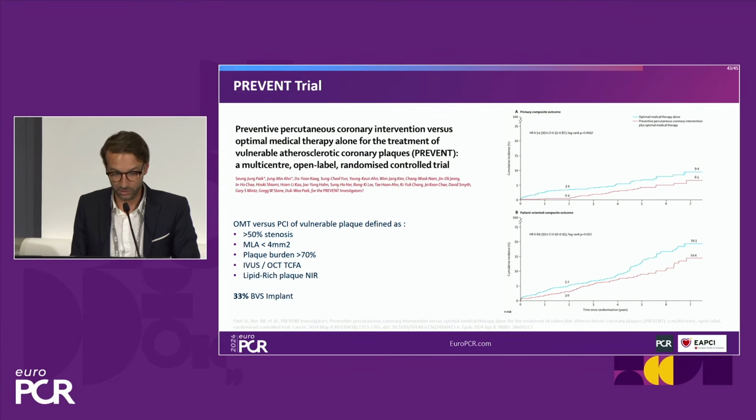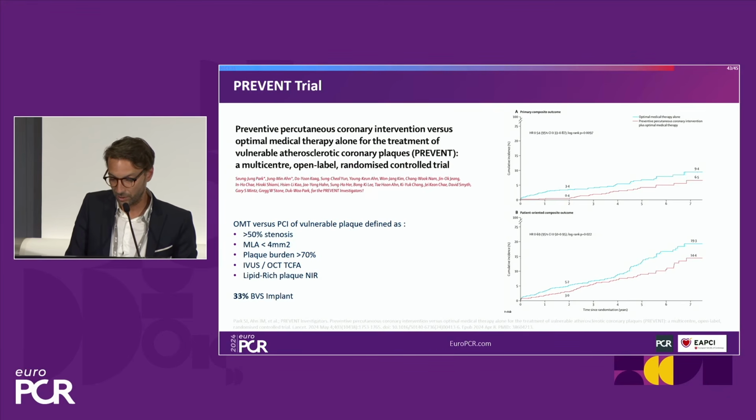So I couldn't leave this session without talking about the PREVENT trial that was presented at the AHA 1 month ago. They were interested in the non-culprit, functionally non-significant but vulnerable lesion, defined as 2 criteria among MLA below 4 square millimeters, plaque burden over 70%, thin cap fibroatheroma assessed by IVUS or OCT, or lipid-rich plaque by NIRS spectroscopy.